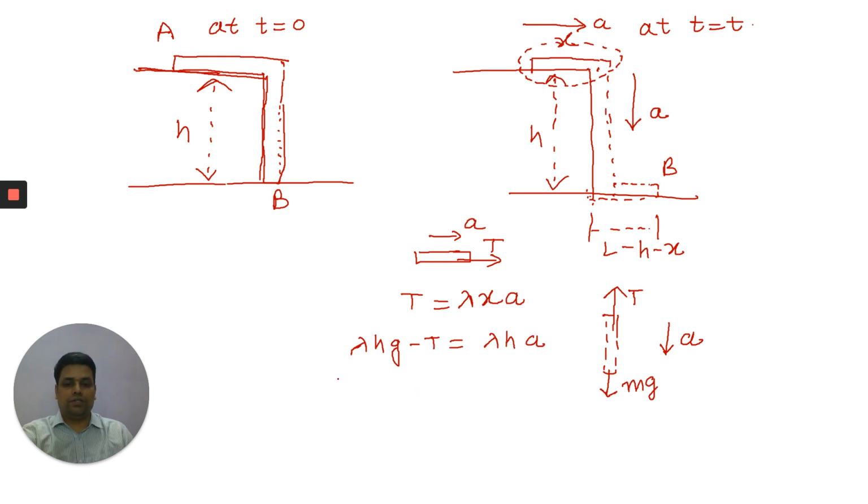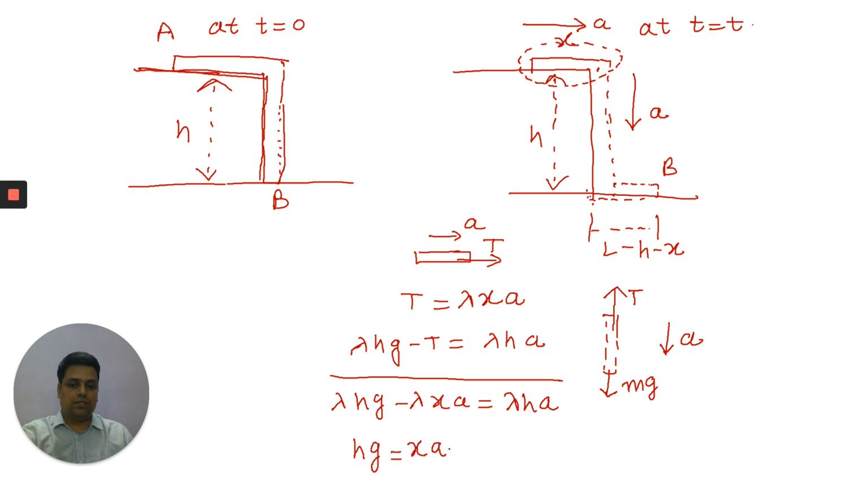So we can eliminate tension. On eliminating the tension, we would have lambda h g minus lambda x a is equal to lambda h a. We can cancel this lambda on both sides. We would have hg minus xa equal to ha. Therefore we arrive at acceleration as g h by h plus x.